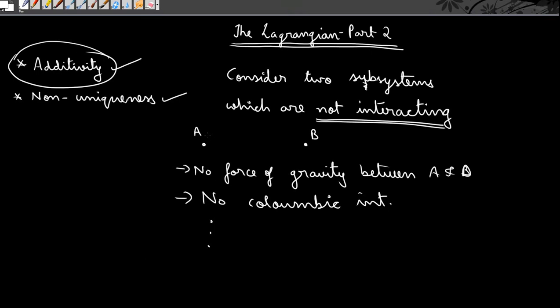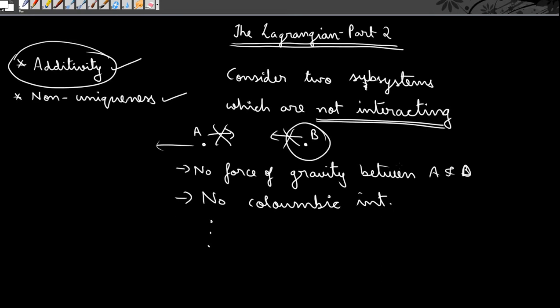What it means is that A does not exert a force on B, neither does B exert any force on A. So that is the meaning of non-interacting particles. Another way of saying this is that the motion of the particle B is not affected in any way by how particle A moves.